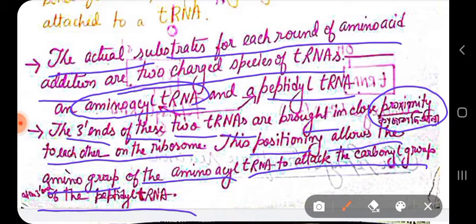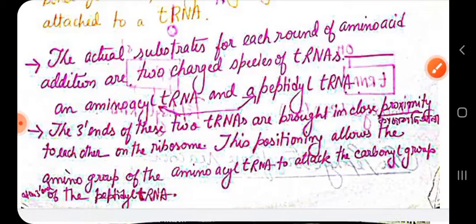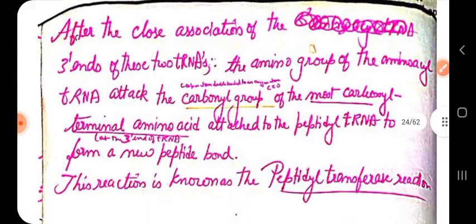So the amino group is the group found in the amino acid of the aminoacyl tRNA. This amino group attacks the carbonyl group of the peptidyl tRNA. So what does it occur?